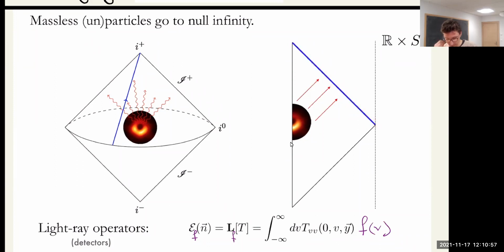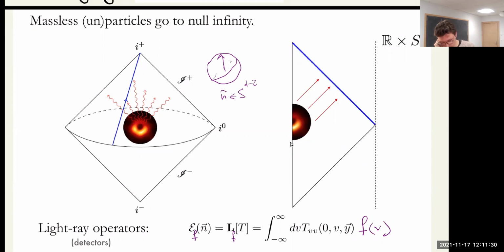Now, again, by thinking conformally, we can map this picture on the cylinder to just a null plane. Well, there is no preferred origin in conformal field theory, so we can imagine the origin being somewhere here. And then we can rewrite this operator, where the vector n labels a point on the celestial sphere at null infinity. So n belongs to this sphere.